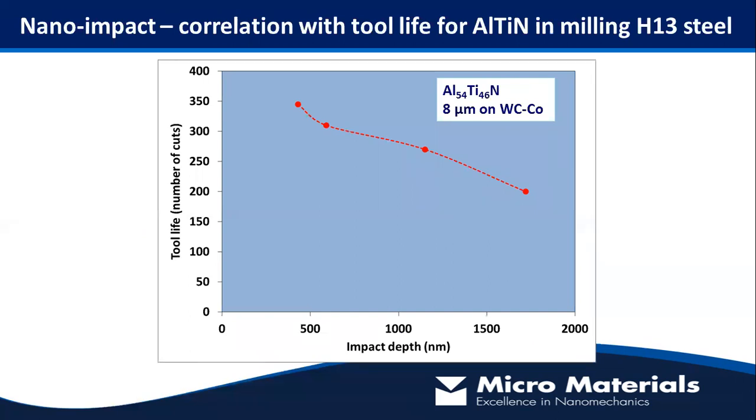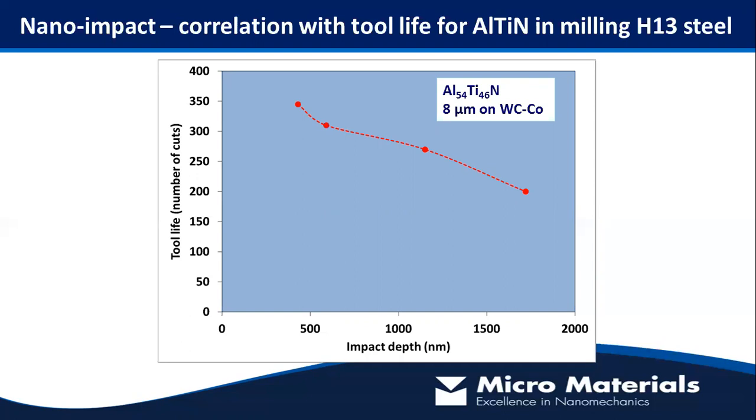Another example, in this case, where the impact result is correlated quite nicely with the cutting tool life. A low impact depth essentially means there's no fracture in the impact test, and that's correlating with the enhanced tool life, in this case for 4 different coatings on cemented carbide.